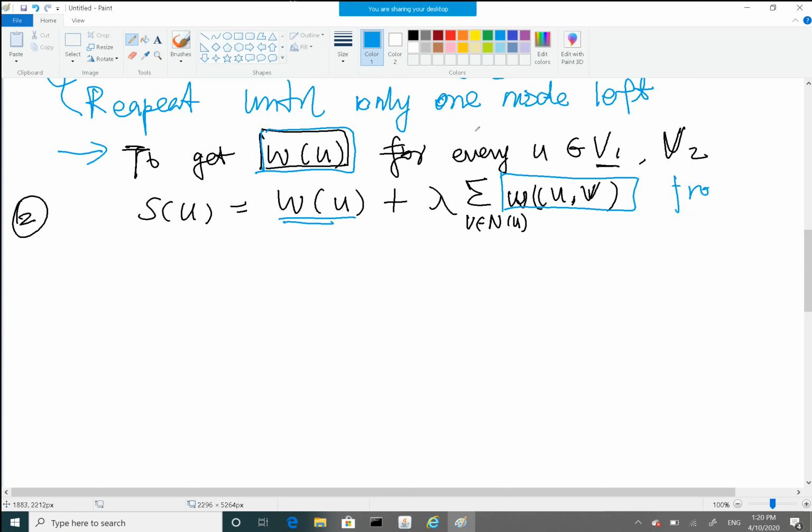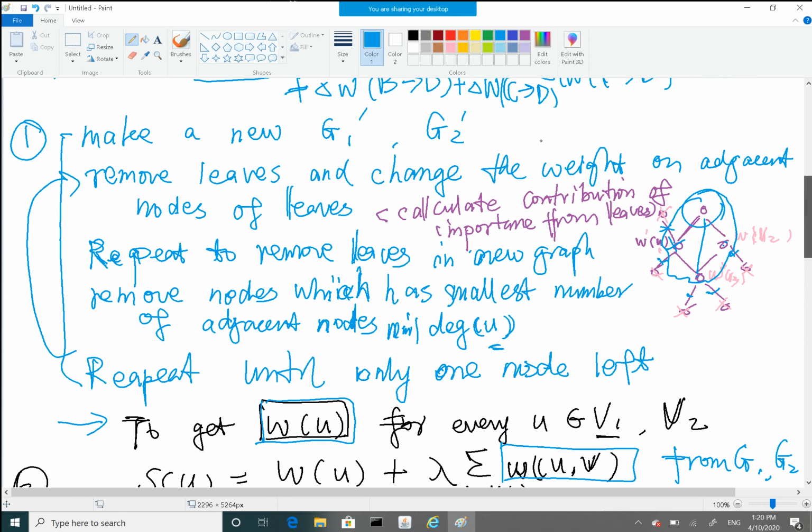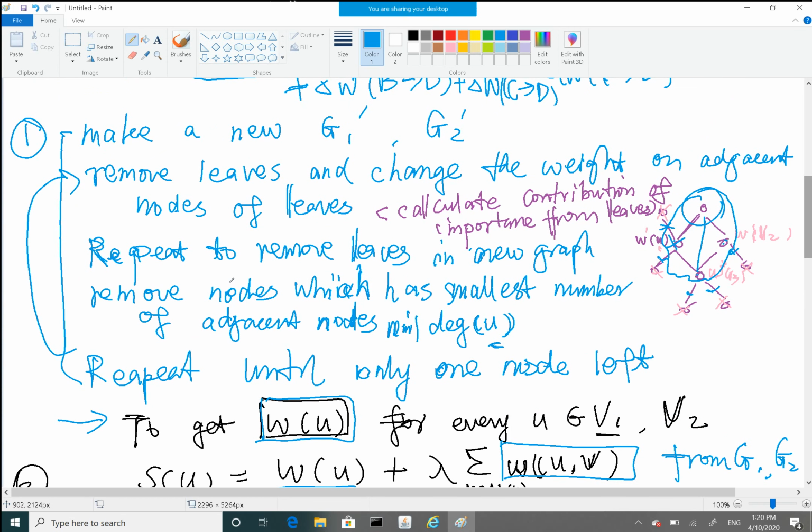You do this calculation from G1 and G2, so from the original graph. The previous step calculates the W U from G1 prime and G2 prime. And this is a copy, it's the same as G1, and this is the same as G2. It's just a copy of that.